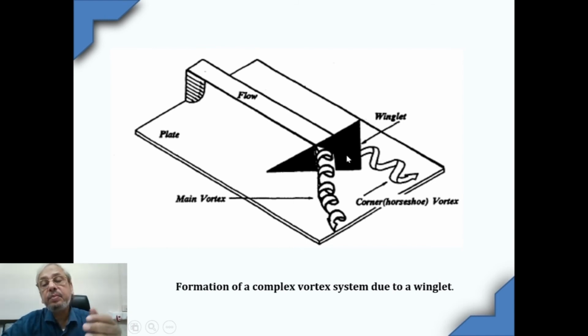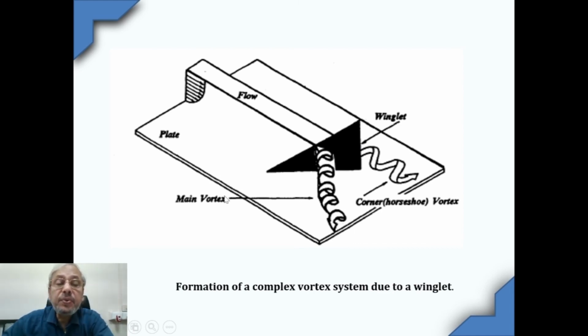Obviously, the side of the winglet which we cannot see is facing the flow, and there will be higher pressure on that side, and the downstream side will have lower pressure. Because of the creation of this pressure surface and suction surface, aerodynamically this side is called the suction surface, the vortices will be created.